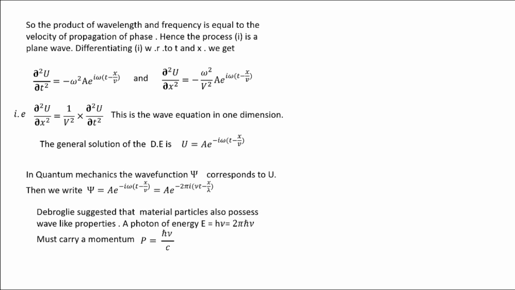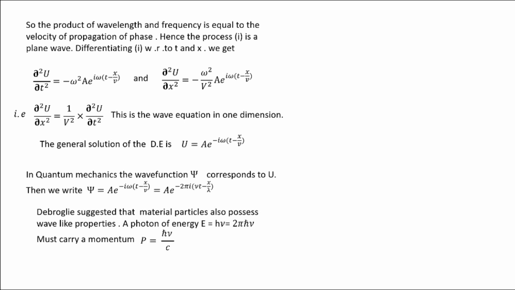Dear students, now we are not a long distance from the Schrodinger one-dimensional wave equation for free particles. Only 4 or 5 lines remain to reach the Schrodinger wave equation.